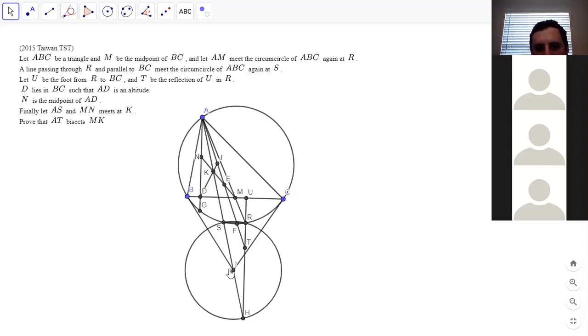Then R and S are symmetric about the perpendicular bisector of BC, because that's just how it's defined: RS is parallel to BC and I is obviously symmetric with respect to B and C. And angle RSH is a right angle. So I has to be the midpoint of HS.